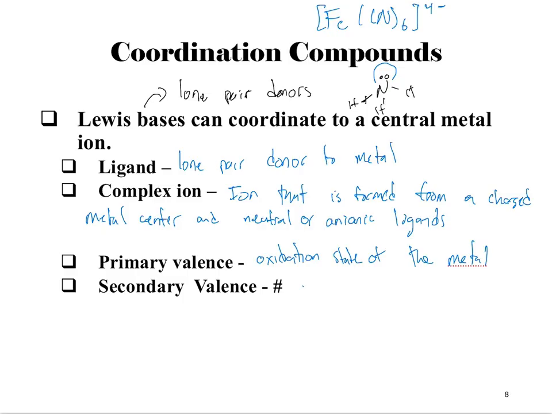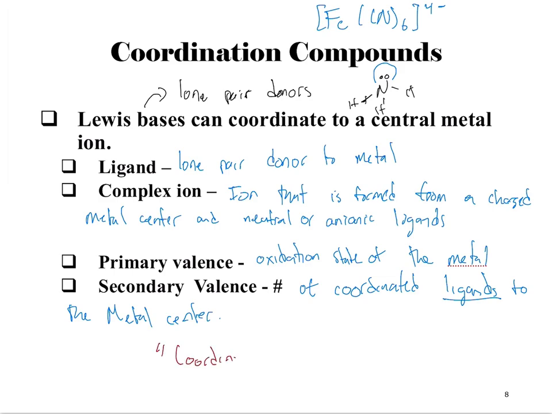So again, we're using that definition of ligands. Ligands are just our Lewis base, our lone pair donors to the metal center. And this is often called the coordination number.